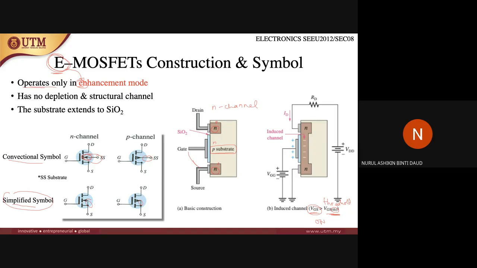If the arrow in the middle is pointed out, facing away from the gate, it is the P channel type. So to identify between these two types, just look at the arrow here. Where is the arrow pointed?